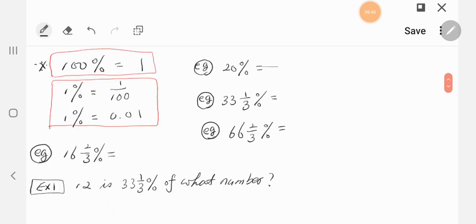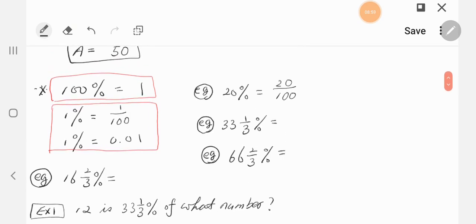So let's convert 20% into a decimal. 20% means 20 out of how many? 100. So replace the percent with 1 over 100. Then that is 20 over 100. So 20% means 20 out of 100.